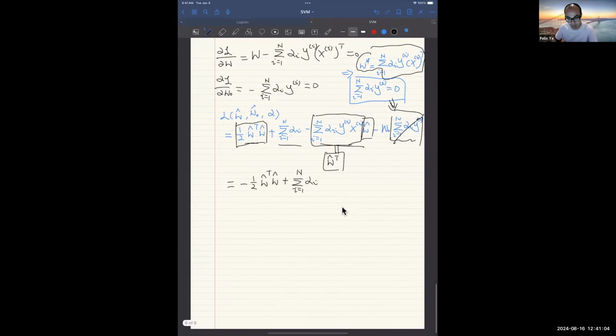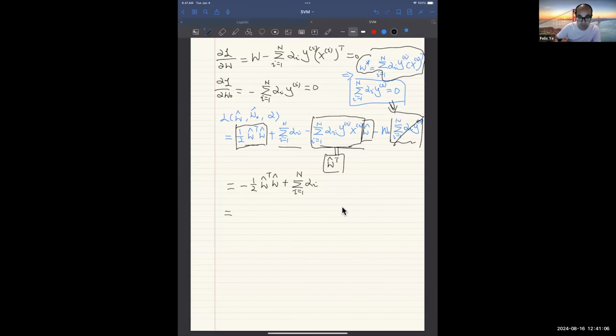Okay, if we plug this in, this will give me the following thing. That is minus 1 over 2 summation. Then we are going to plug in the formula of W hat or W star right here. I think I'm using W hat here.